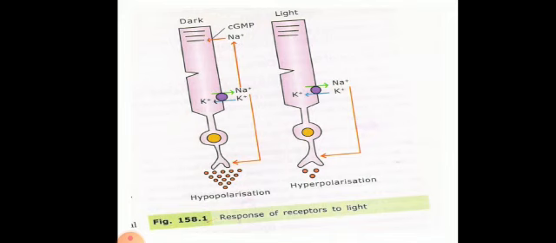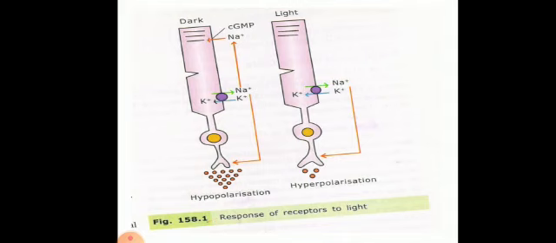In dark, sodium ions are transported into the outer segment through cyclic GMP mediated sodium channels, and that causes hypopolarization. You can see the word hypopolarization at the end of the picture. Let me repeat: in the dark, sodium ions enter the receptor through cyclic GMP mediated channels, which causes hypopolarization of the receptor.